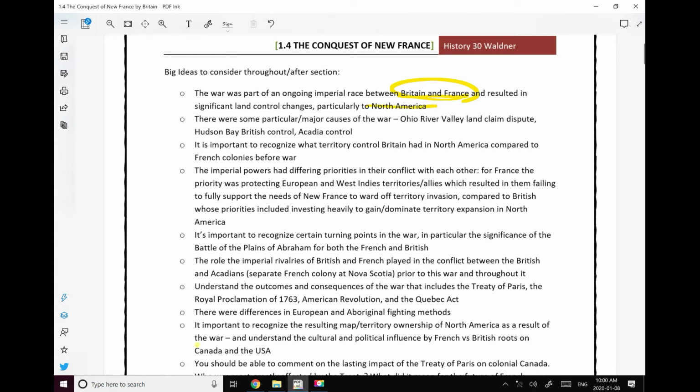There are some specific catalysts or triggers that aggravated the tensions that led to war, including they both claimed land in an area called the Ohio River Valley. There was the new development of the British taking over control north of New France in that Hudson's Bay territory. And then there's the conversation about Acadia, and we'll talk about that.